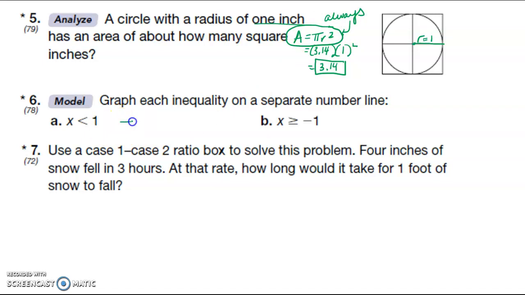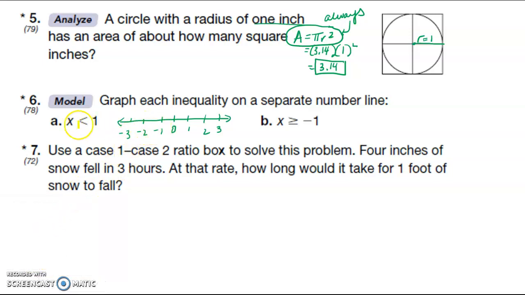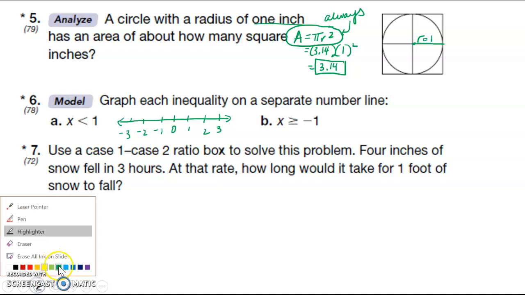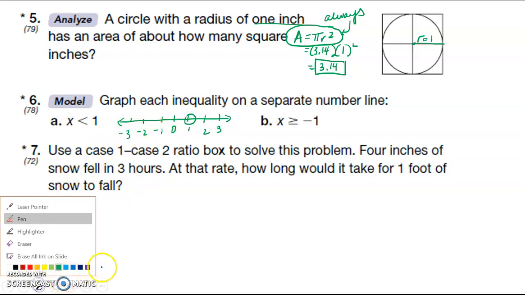Okay, we have inequalities. Cool. So let me just draw a number line really quick. And -1, -2, -3. This says x is less than 1.